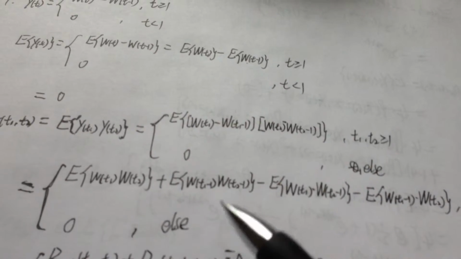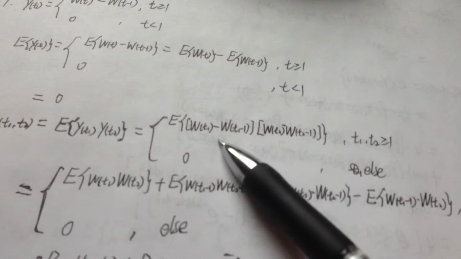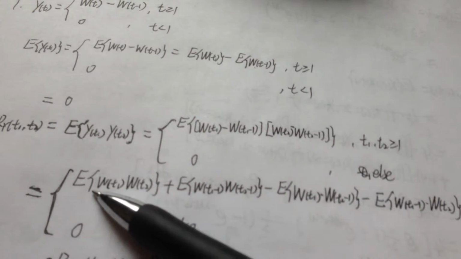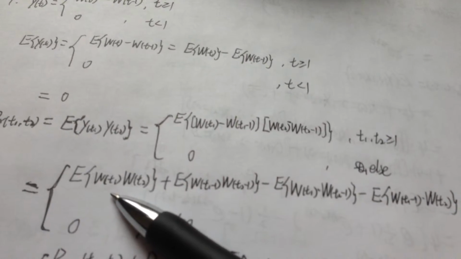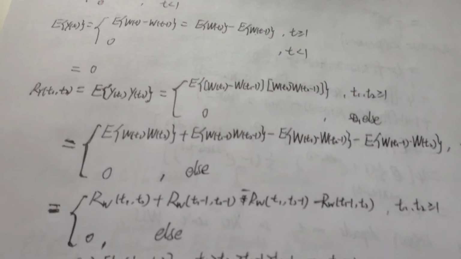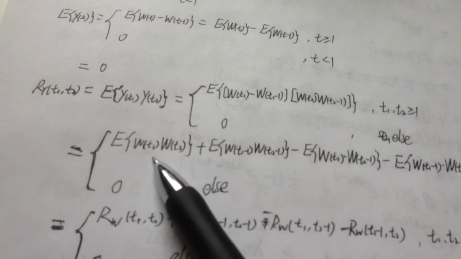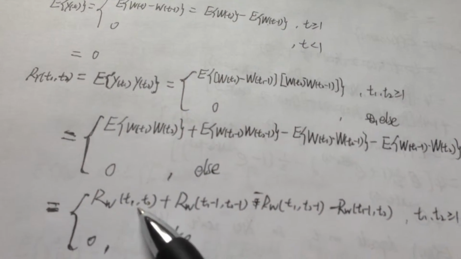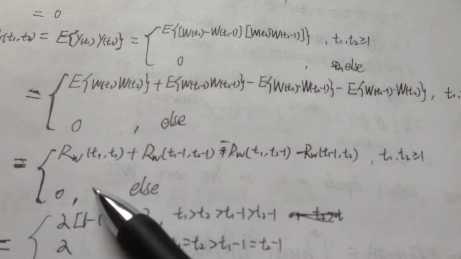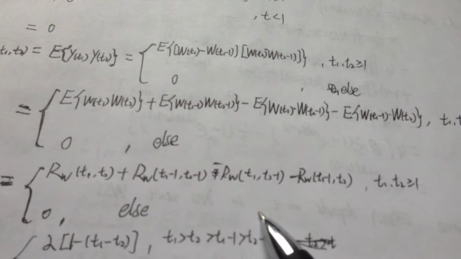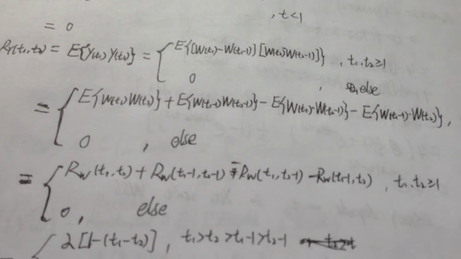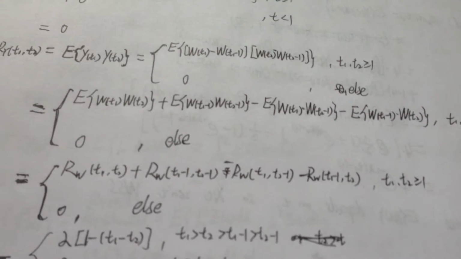Then we factor it out and get the expected value of W(t1) times W(t2) and so on. We change each term into the autocorrelation of W at t1 and t2, and we get the autocorrelation of Y equals this formula. And we have to discuss what this formula equals in different cases.